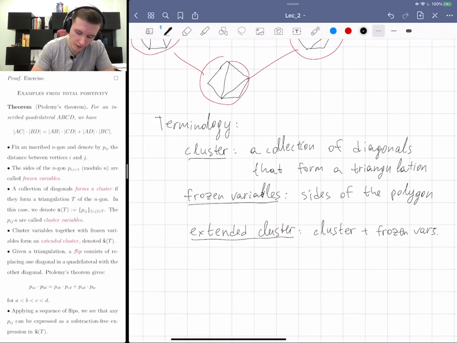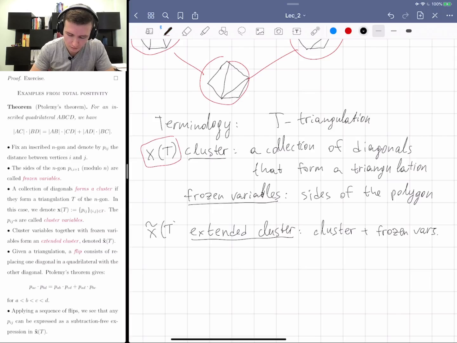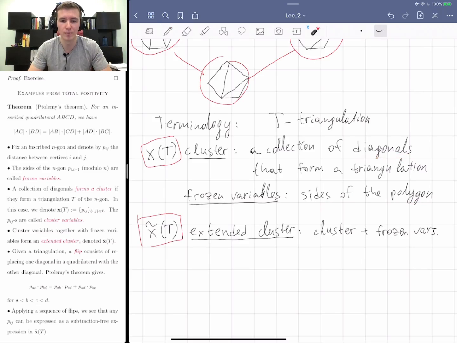The cluster is denoted by x of T, if T is my triangulation, and the extended cluster is going to be x tilde of T. So once again, the extended cluster is the diagonals plus the sides of the polygon, which are the frozen variables.